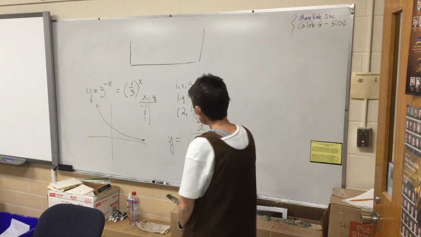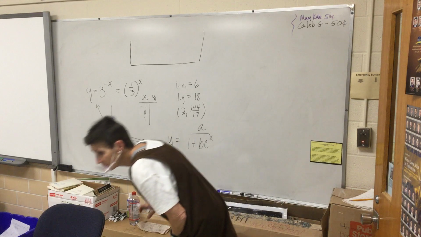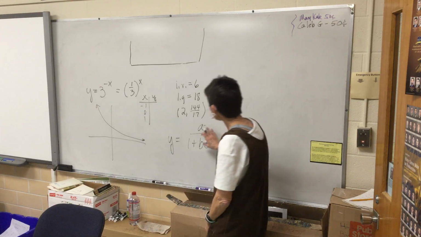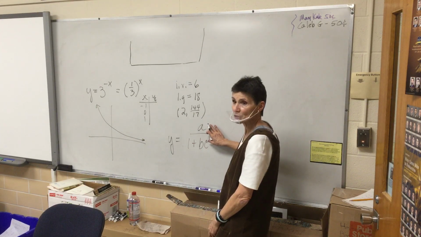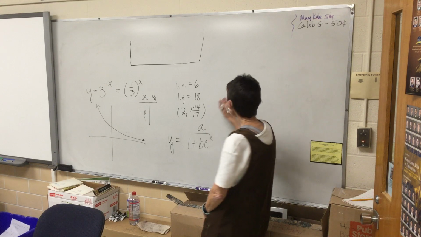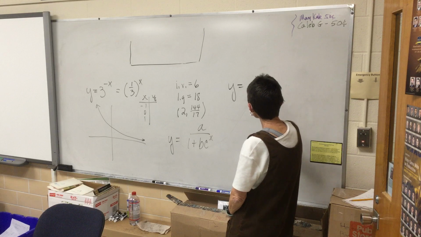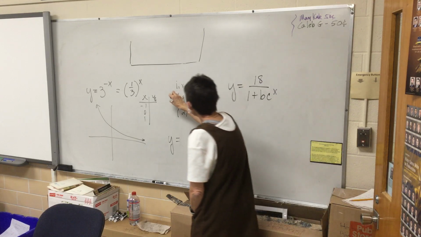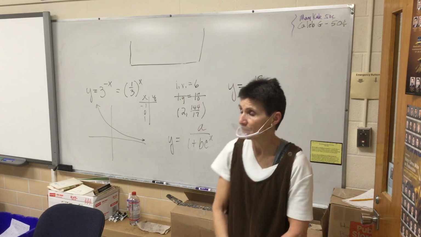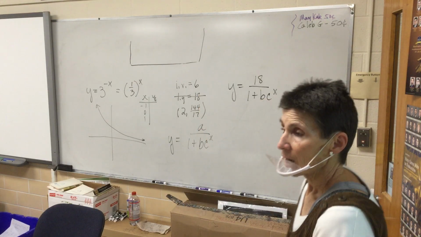Who remembers what A is? Is A 18? A is 18, absolutely, because that's your limit to growth, right? So now we have y equals 18 over 1 plus bc to the x. So I've used that information. All right?